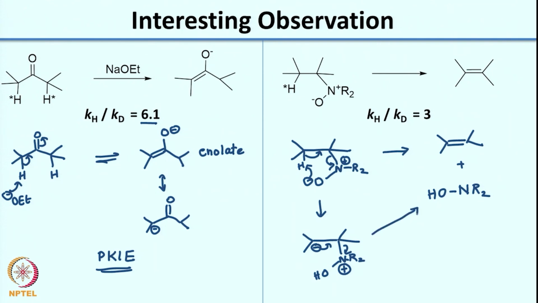Now when you look at this, either mechanism you write, what you notice is the CH bond is breaking in the rate determining step. Then why do you have a lower KH over KD value?